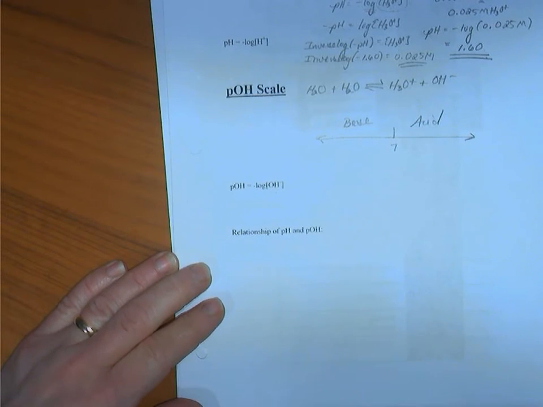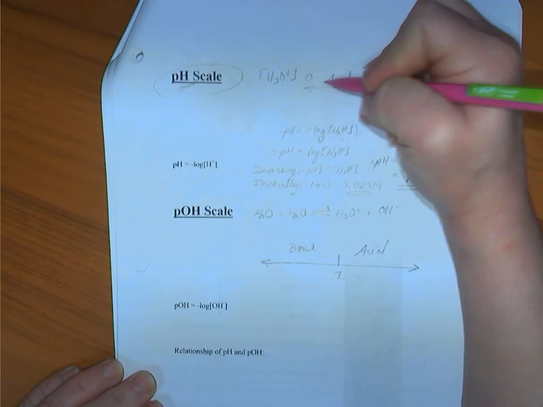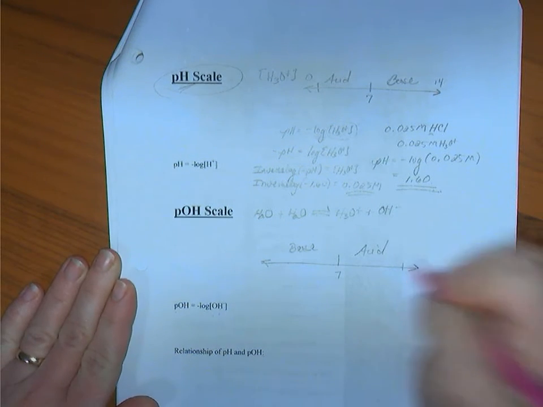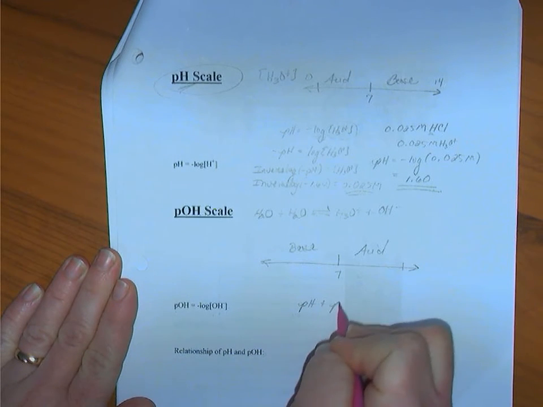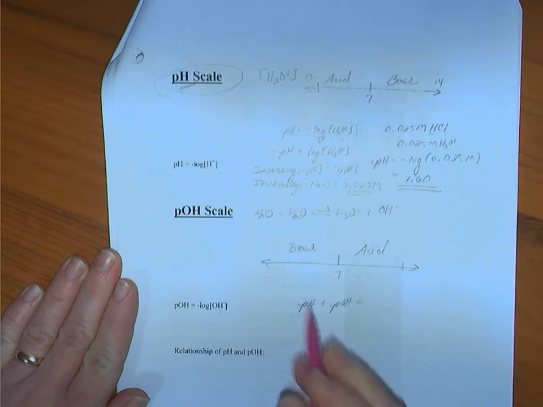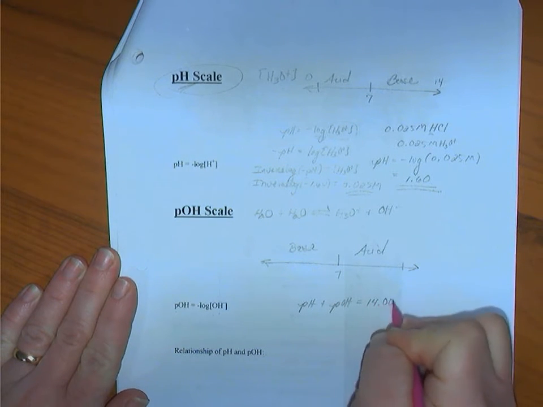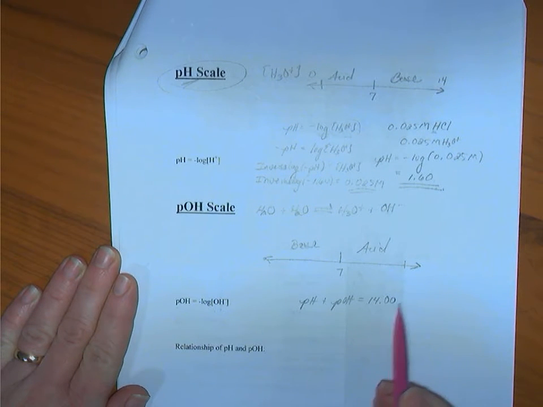The relationship of pH and pOH. This solution we found here had a pH of 1.60. Well, actually, that would be a pOH of 12.4 because pH plus pOH, because of the relationship of Kw, is 14. So if we know pH, we can get pOH and vice versa. This should not limit your sig figs.